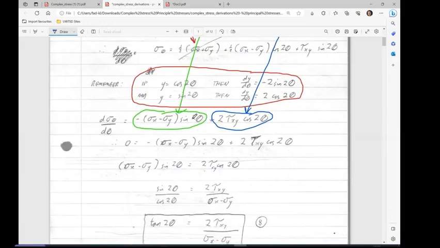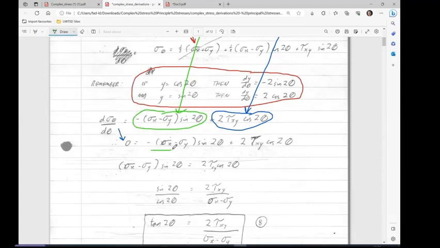But we know for our maximum or our minimum that that gradient is 0. So that's where that 0 comes from. You can see there, instead of writing d sigma theta by d theta, I've written 0 because it must be 0 at a maximum or a minimum. And then you can see I've just copied it down.